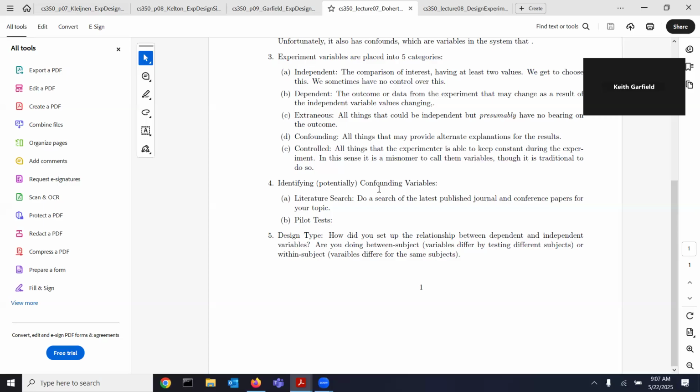You then need to put whatever you're studying, whatever the model is, in some kind of an environment. The environment has its own variables, right? So, we went through our list of independent, dependent, extraneous, confounding, and controlled. A lot of things may be extraneous in the context that they may not have contributions to different outcomes if they're varied, but they're necessary just for the model to work, for the simulation to work.